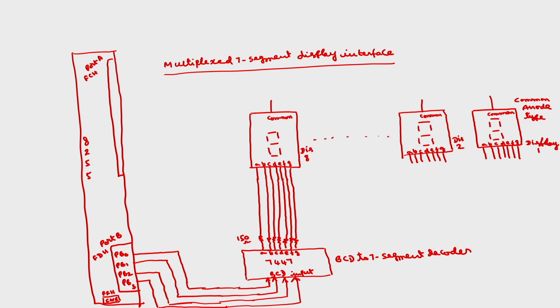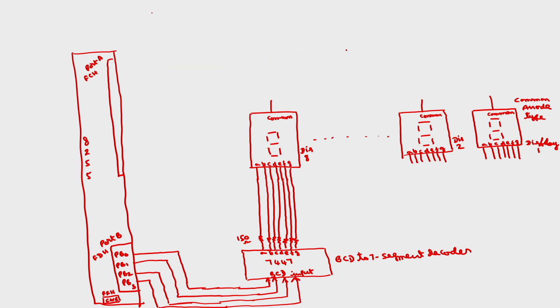Now we have to connect port A to the common signals of these 8 7 segment displays. So I will connect to PA0, PA1, PA2 and so on. These common signals are connected through transistors.